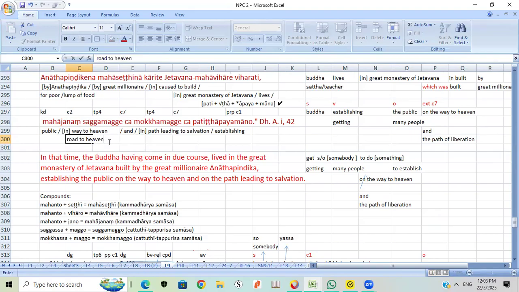We say a way to heaven. So the word Marga can be a road, but in this case it's a way to heaven. A way to heaven means a method to heaven. Here we have to say a path. So in English it's like that. A way, a path, is still Marga in Pali.